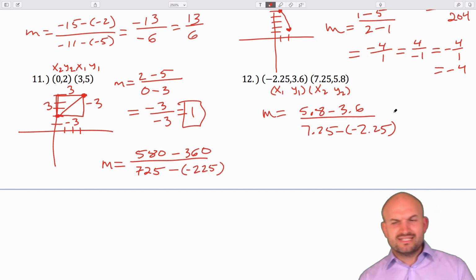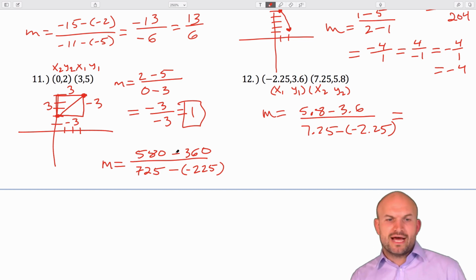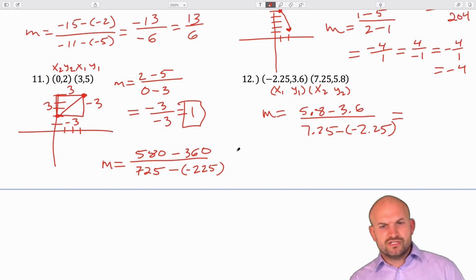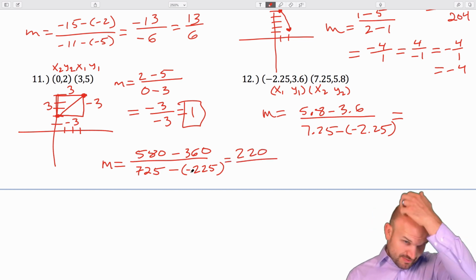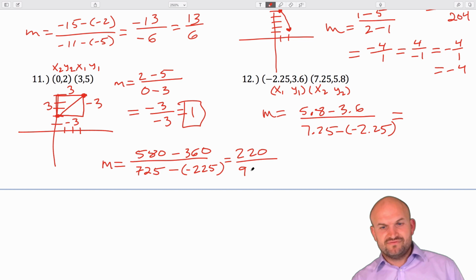All right, so I just want you guys to see how these are going to work out. That's going to be 220 all over, this is going to be positive, 950.